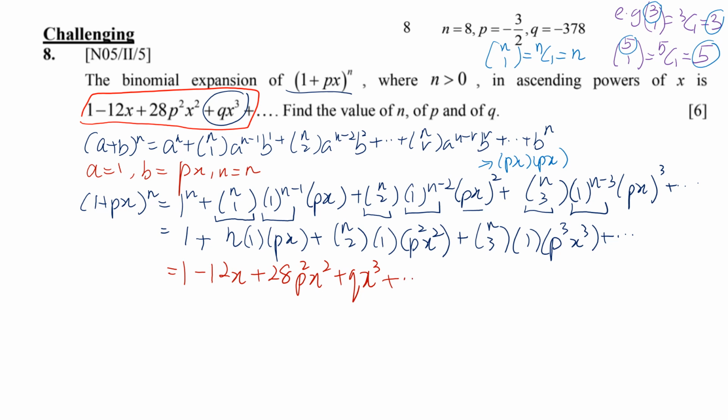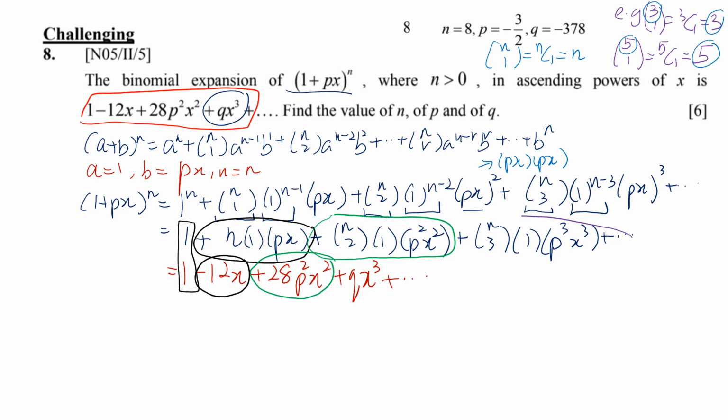So what we are saying is, if you do a comparison, you can easily see that the first term 1 is equal to 1, and then the px term here will be equal to negative 12x. And this one here will be equal to your 28 p squared x squared. And of course, the last term here will be equal to this.